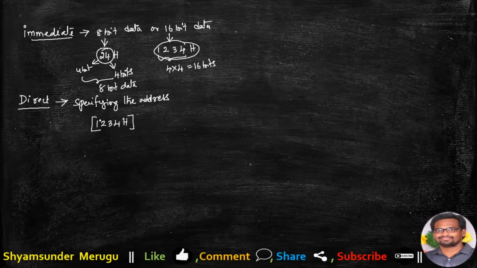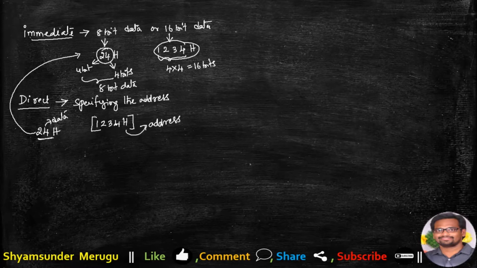You write a number and keep it in brackets, then it is related to the address, right? If I write directly some 24H, then it is data, 8-bit data, which we call immediate 8-bit data. If that number is kept in brackets, then it becomes an address.